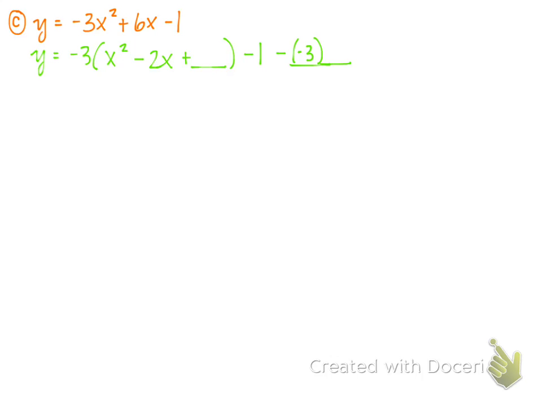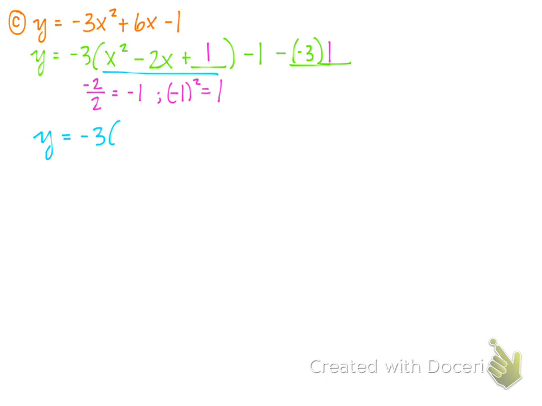So we take our b, which is negative 2, divide by 2, and we get negative 1. Then we got to square negative 1, and we get positive 1. So positive 1 is what goes in these blanks. So now, when we factor, we get y is equal to negative 3.